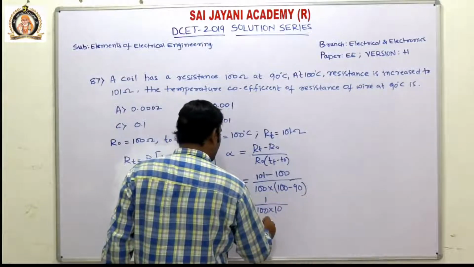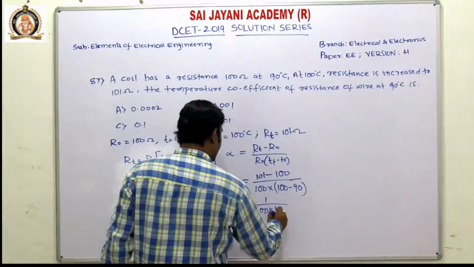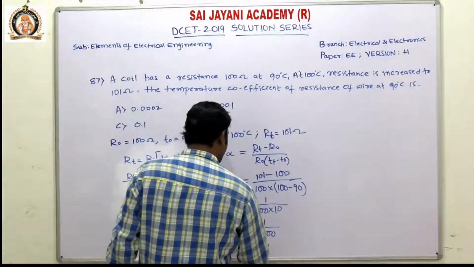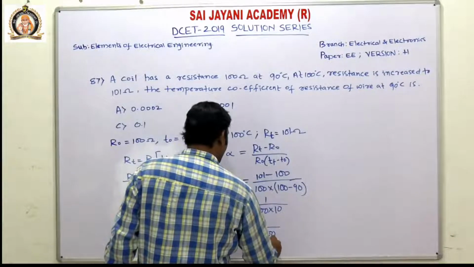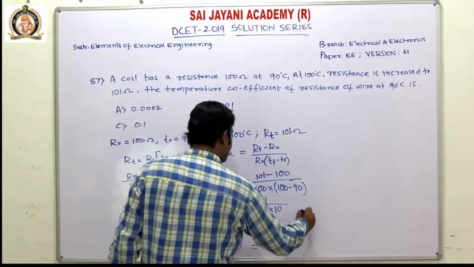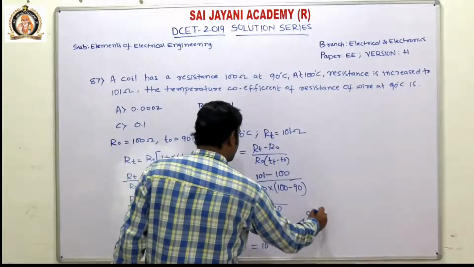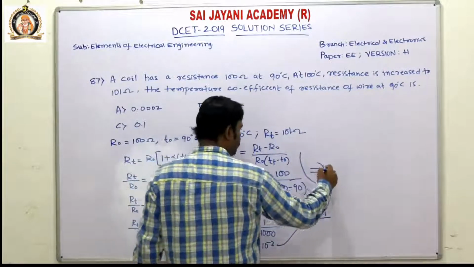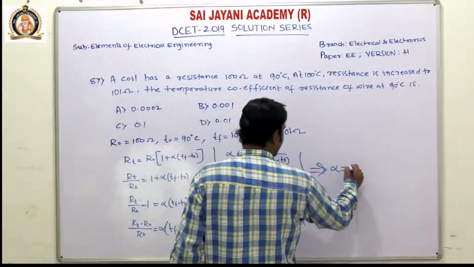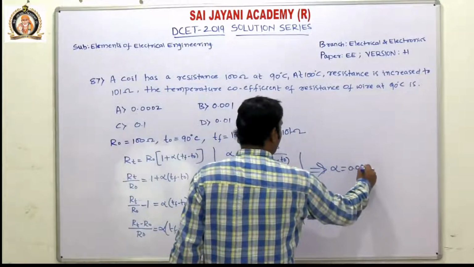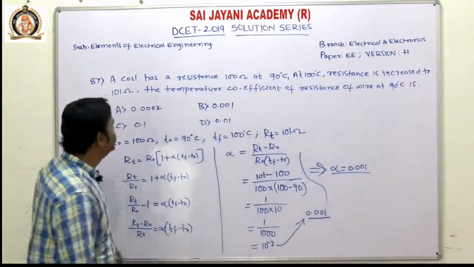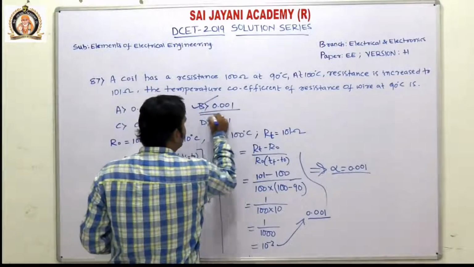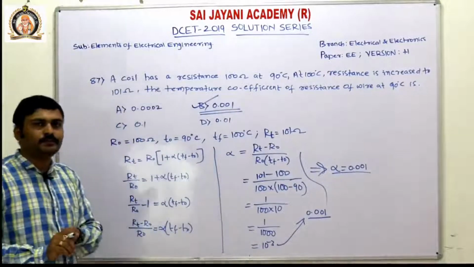So this will be 1 divided by 1000, means 10 raised to minus 3, means 0.001. So that implies alpha equals 0.001. So which option is the right? Option B, 0.001 is the right answer.